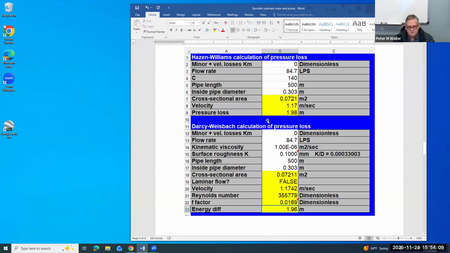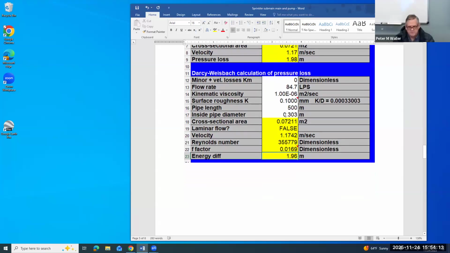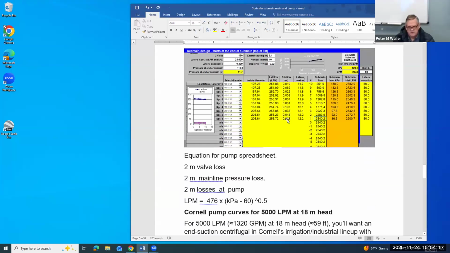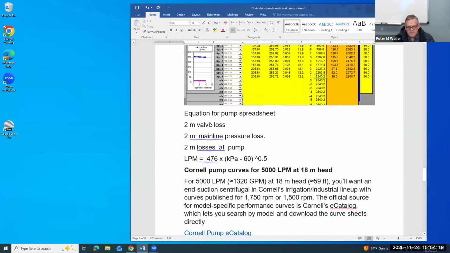Okay. So I designed my submain, 5,000 liters per minute. And now I need to figure out what my pump is going to see. So I'm just guessing I have 2 meters loss in the valve, 2 meters mainline pressure loss, which we calculated, and 2 meters of losses at the pump.